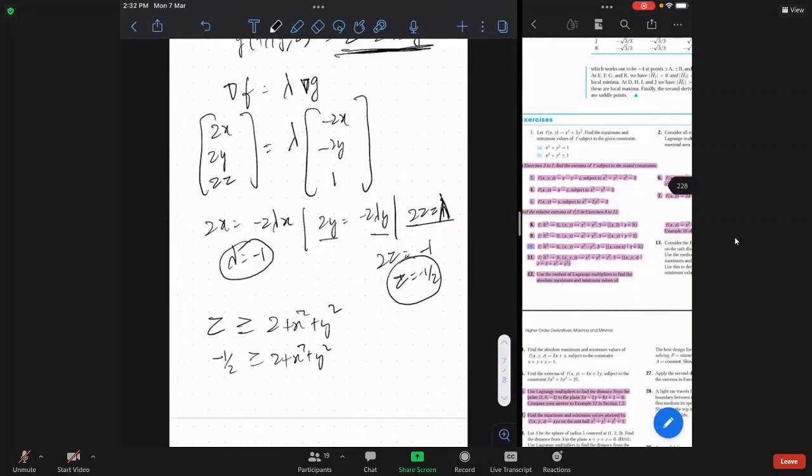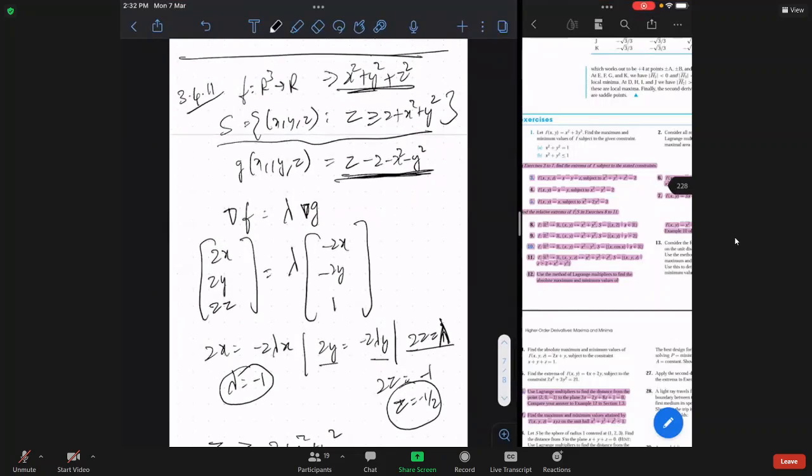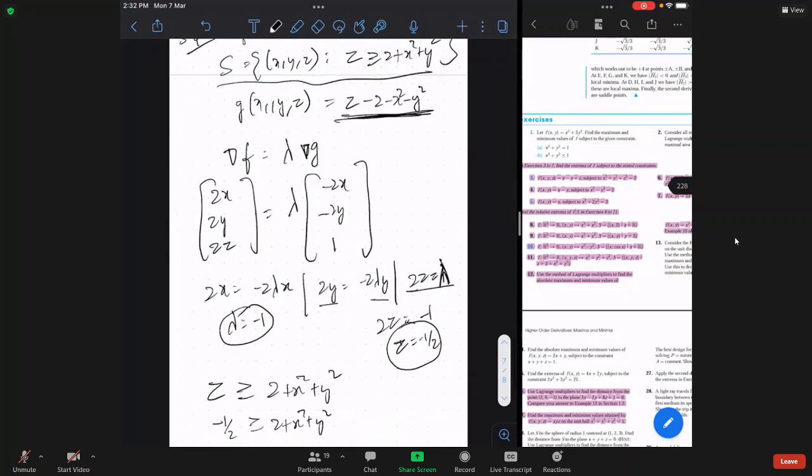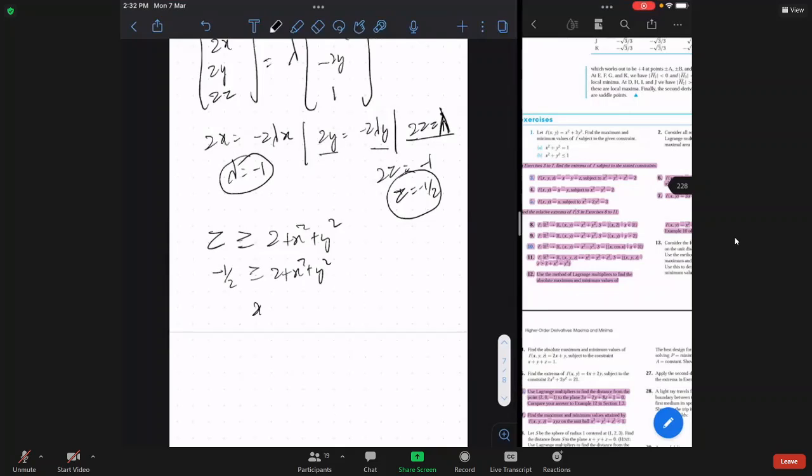From this, I'm going to get x squared plus y squared is less than or equal to -5/2. So as you can see, there are probably no values, because this is a sum of squares. It's always going to be positive, and you won't get any points.